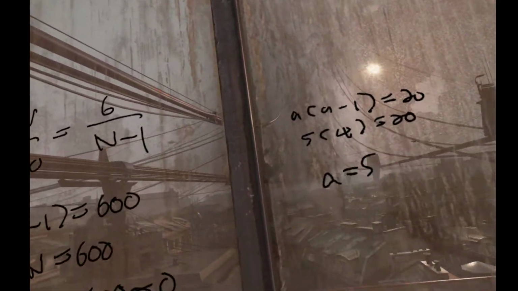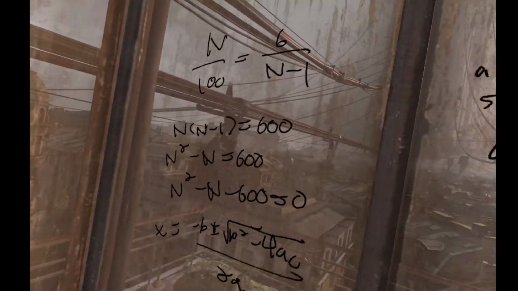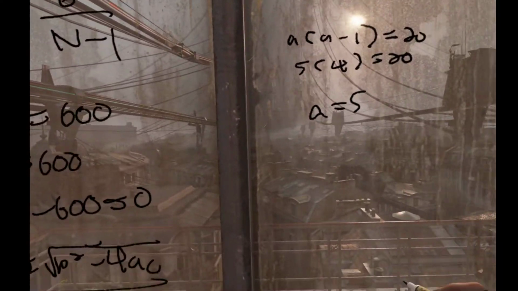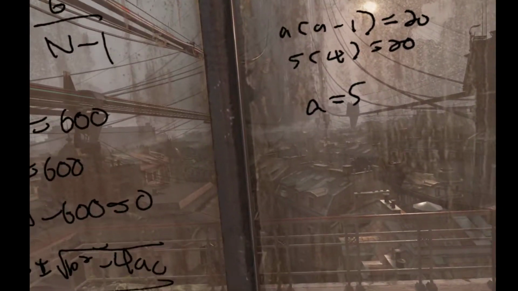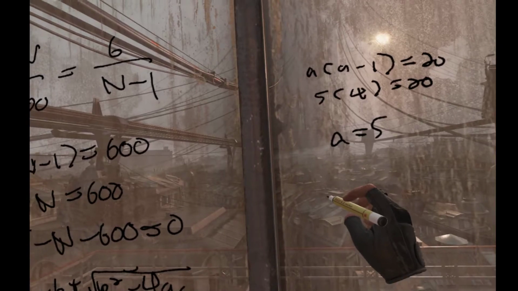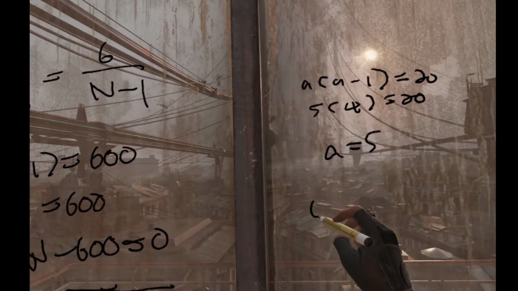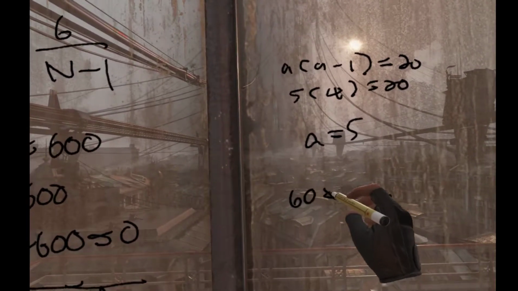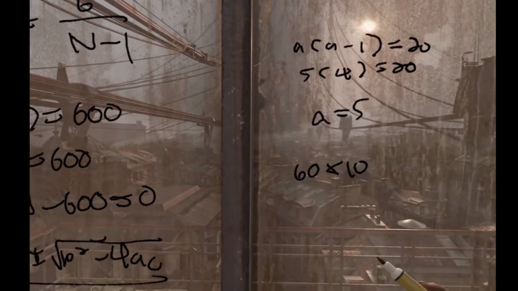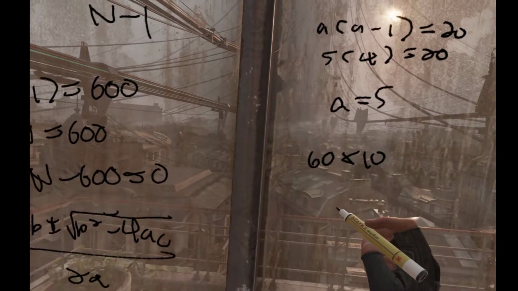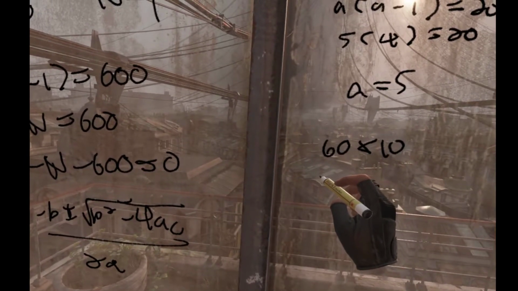In our case, n times n minus 1 equals 600. That might not be the easiest thing to figure out because you don't normally memorize your multiplication tables up to 600. But let's play around with some numbers. One of the first things that comes to mind is 60 times 10, and that's too big. Let's bring the numbers closer together. How about 20 times 30?